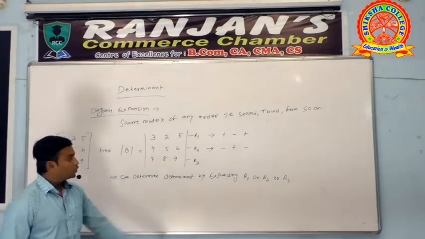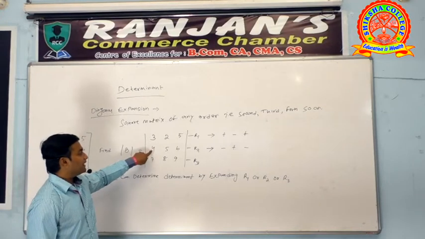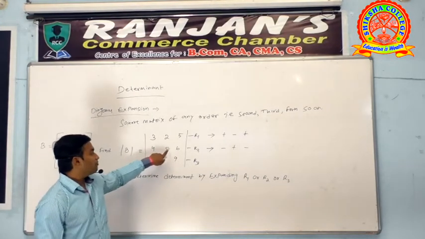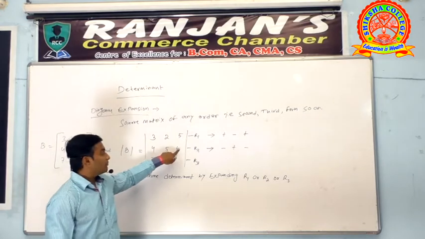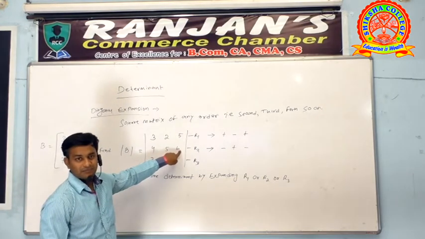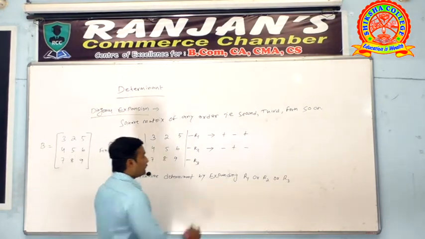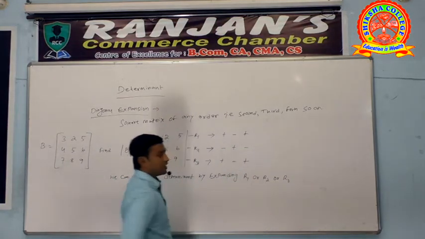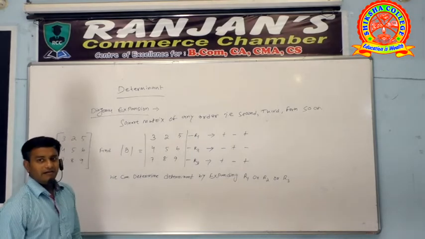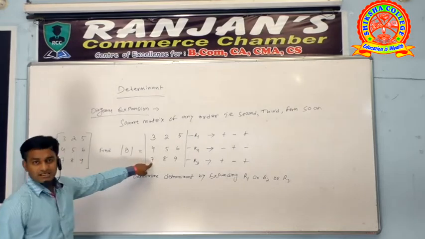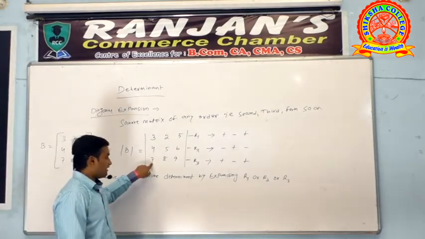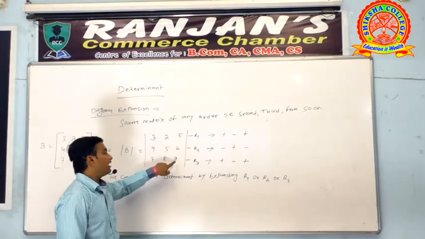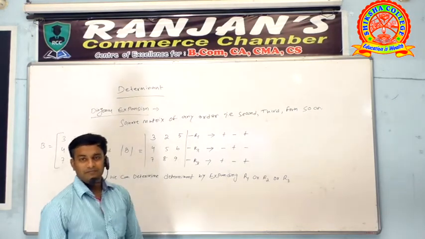Then if we are taking row 2, minus, plus, minus. If we are taking row 2, then we provide negative sign to 4, plus sign to 5, minus sign to 6. Clear? Then if we are taking row 3, then as usual, plus, minus, plus. That is plus sign for 7, minus sign for 8, and plus sign for 9.